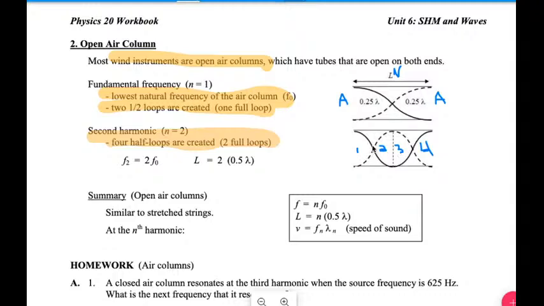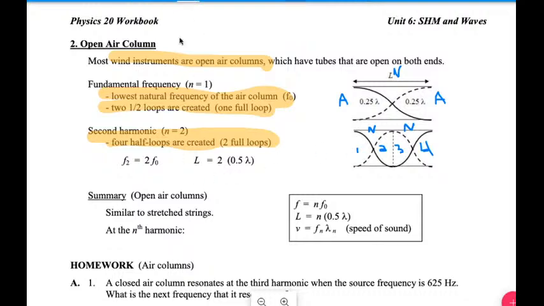But you'll pick up on the fact that as we go up in harmonic from first to second, we're adding another node. So the number of nodes corresponds to our harmonic number, whereas with a string, the number of antinodes corresponds with our harmonic number.